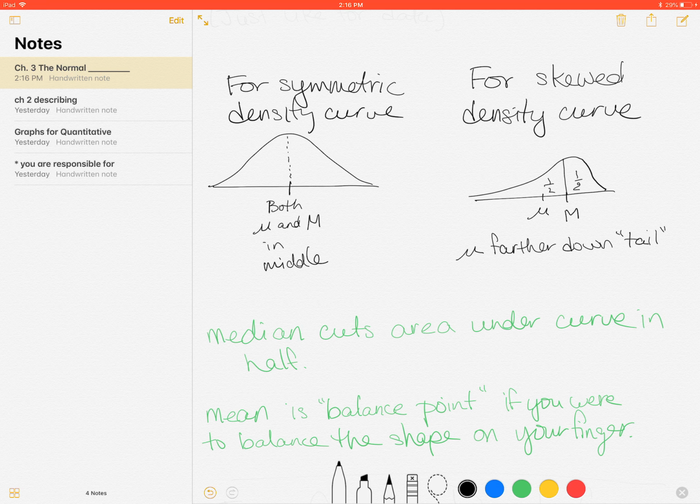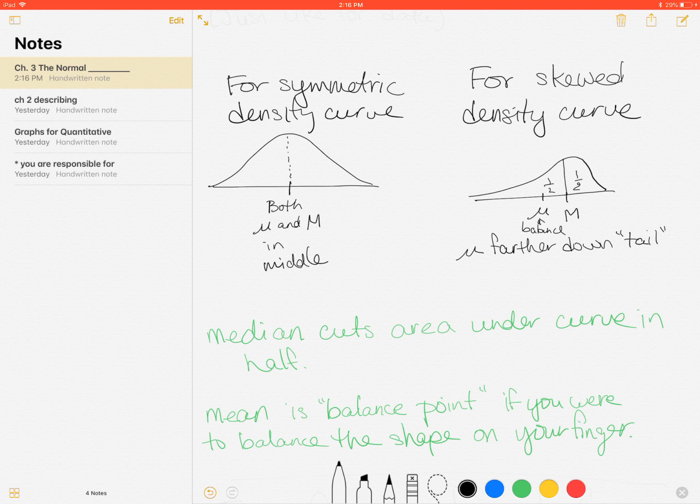Now the mean, we have to think a little more three-dimensionally. If we were to make this shape out of, say, cardboard or something, and we would try to balance that shape on our finger, if we didn't put it in the right place, it'd tip and fall over, right? The mean, mu, is the balance point, where you would need to hold it on your finger in order for both sides to balance.